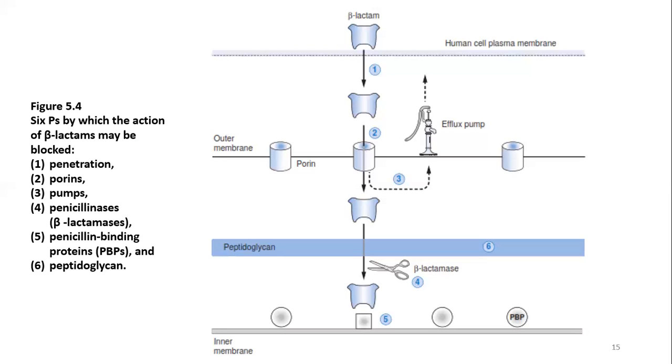So if there is no peptidoglycan layer, what will it interact with? So that's why Chlamydia and Mycoplasma show resistance to the penicillins.